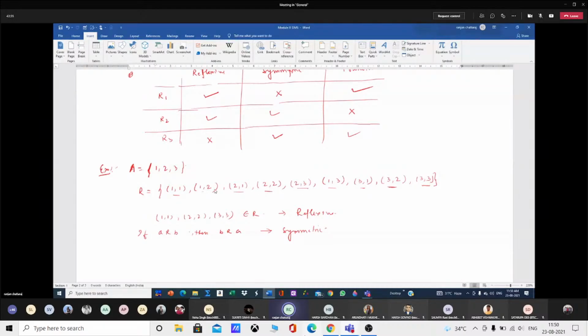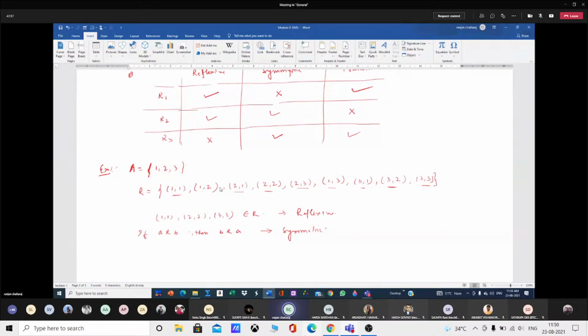Whose first entry is 1? 1 2 is here. Next, 1 1, so 1 3 is here. 2 2, that means 1 1 is here, then 1 2 is here, then 1 3 is here.